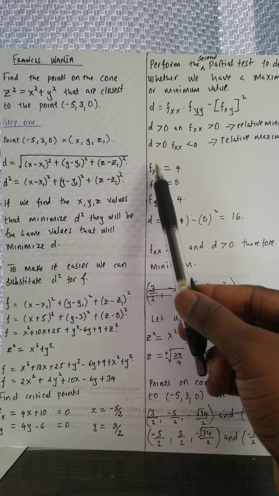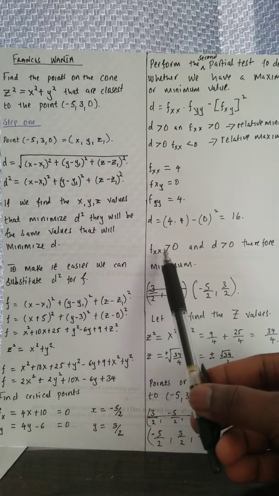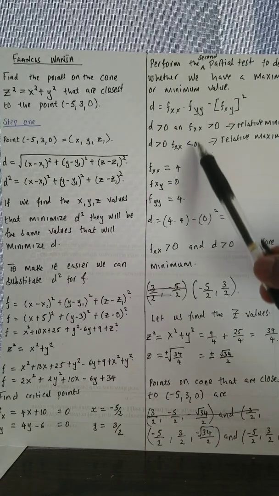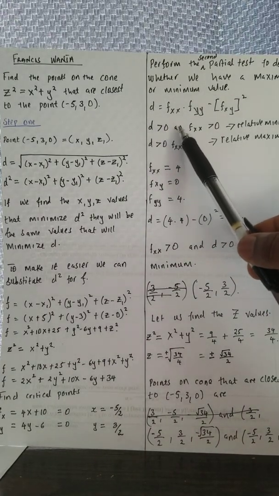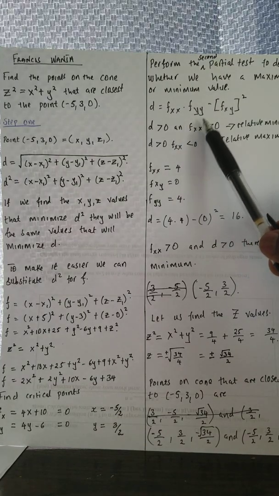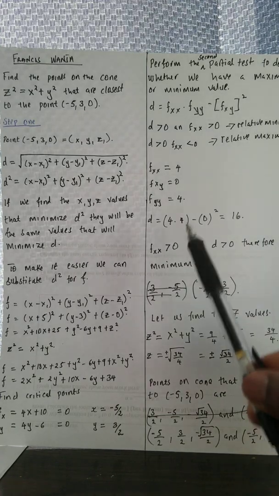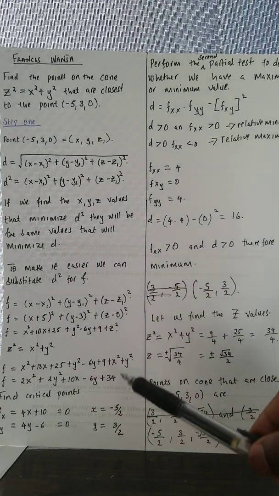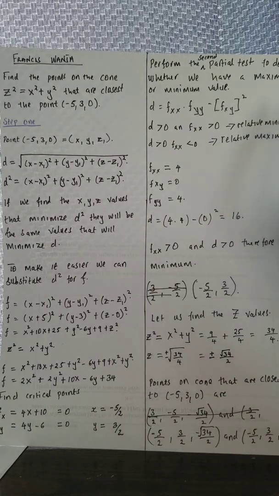Our second derivative with respect to x is 4. Since D is greater than 0 and fxx is greater than 0, we have a relative minimum, which means the point (-5/2, 3/2) is a relative minimum.